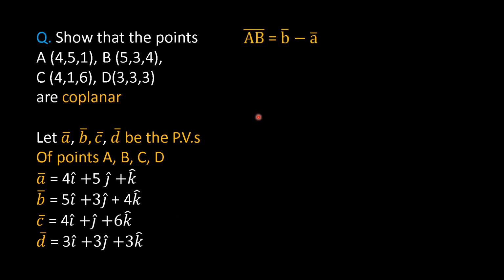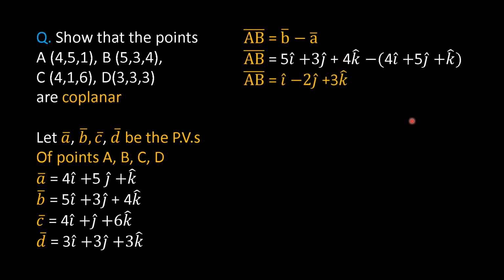Next, we will find AB bar, which will be b bar minus a bar. We will substitute b bar here and a bar here. It will be 5 minus 4, that is i, 3 minus 5, that is minus 2j, and 4 minus 1, that is 3k.